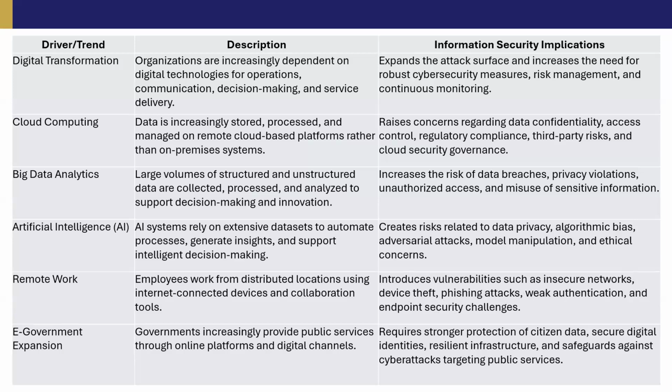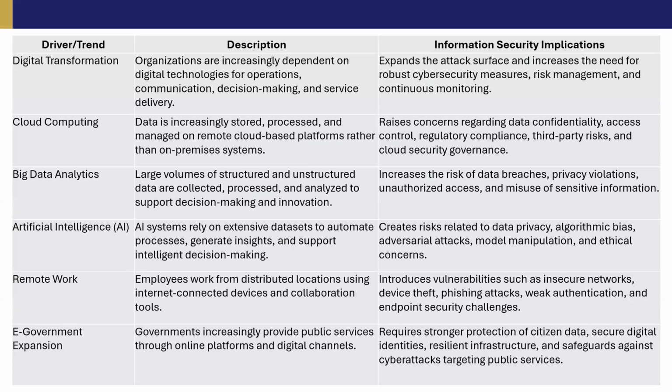When it comes to e-government, governments worldwide are increasingly providing public services through online platforms. So these days, many government services that citizens would have access to are through online platforms. So it means that we need to have stronger protection for citizens' data.